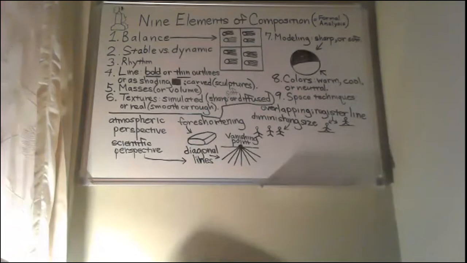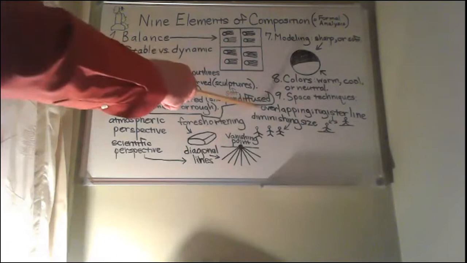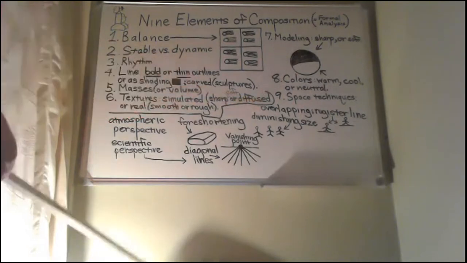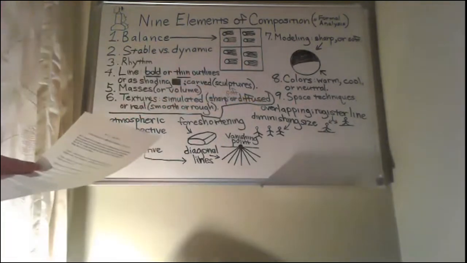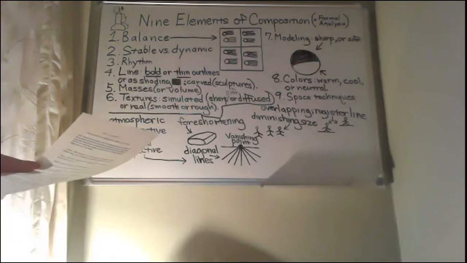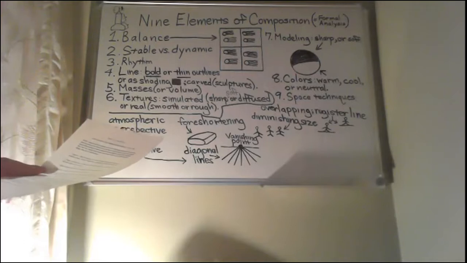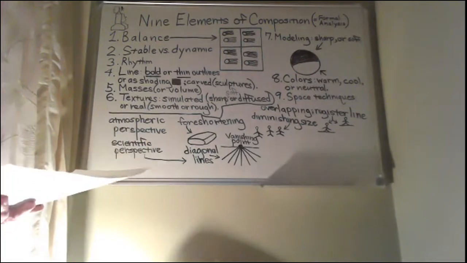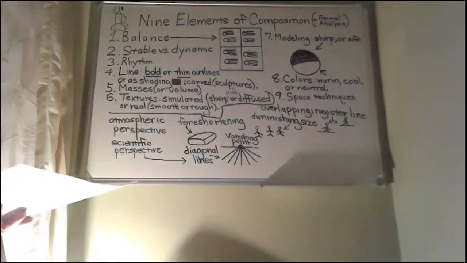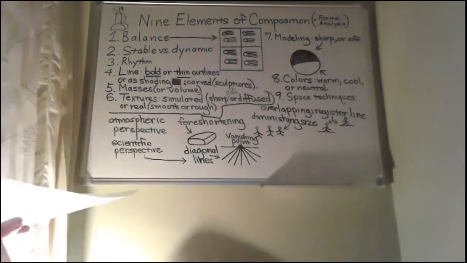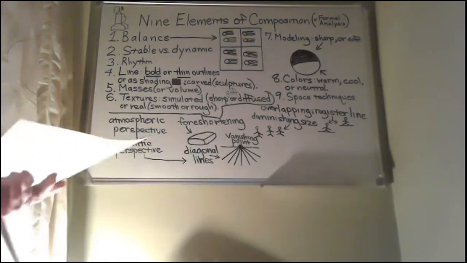So let's start with the simplest technique ever invented to depict space in a 2-dimensional work of art. I don't think I even need to explain what it is, but I will briefly. Overlapping. Well, that's when you have 2 or more objects, and the one object that overlaps everything around it is supposed to look closer to us or to the viewer.